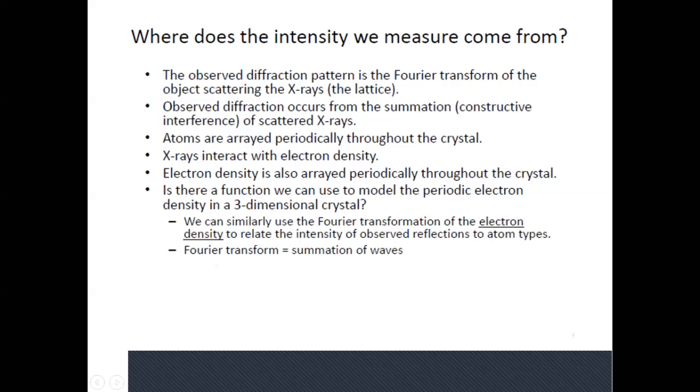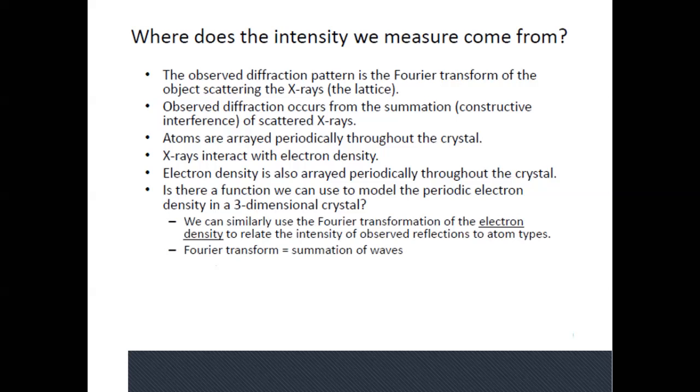And so what we can do is a Fourier transform on the electron density to relate it to the intensity of the observed reflections and to atom types. So if we know the intensity of the observed reflections, we can do a Fourier transform on that to determine the electron density in relation to the atom types. So once we know the electron density, we can determine the atom types that are found in the crystal structure.